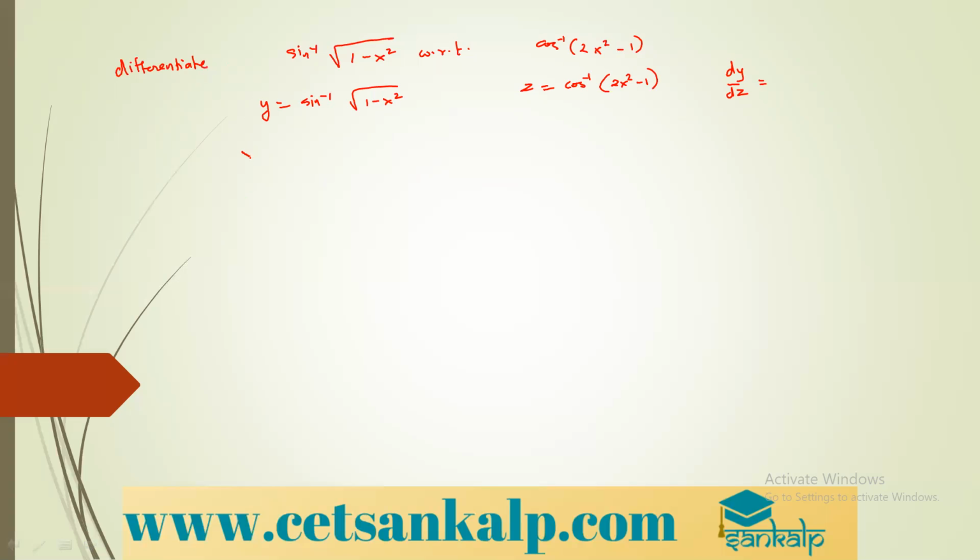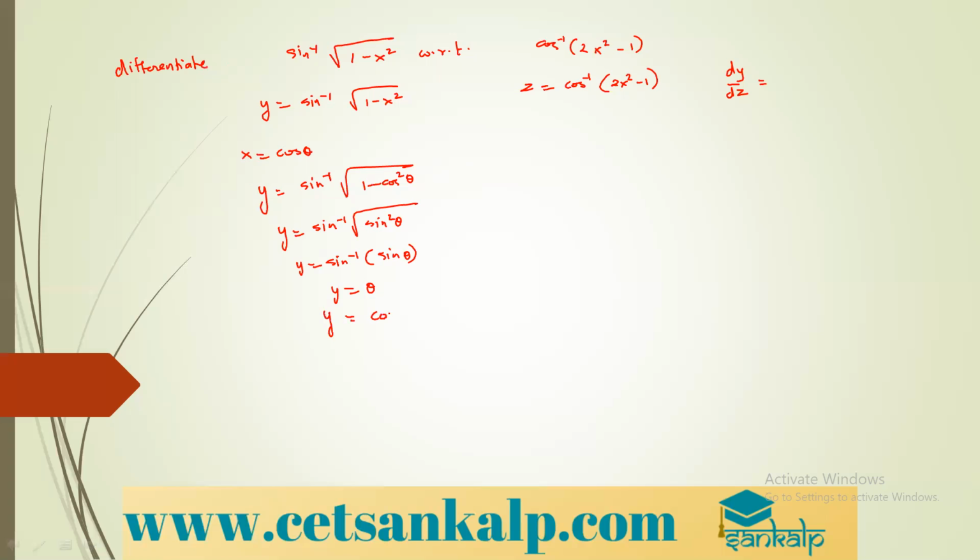In both the cases, x we can put as cos theta. So y will be sine inverse root of 1 minus cos square theta. That means y equals sine inverse root of sine square theta, that is y equals sine inverse sine theta, or y is equal to theta.